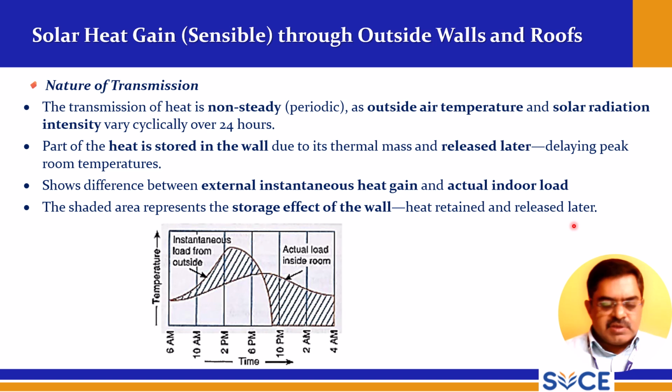This shows how the temperature rises at different times in a day. The temperature goes high around 2 p.m. and becomes very low at 10 p.m. Inside the room, the temperature follows this curve, and the outside temperature curve is like this.